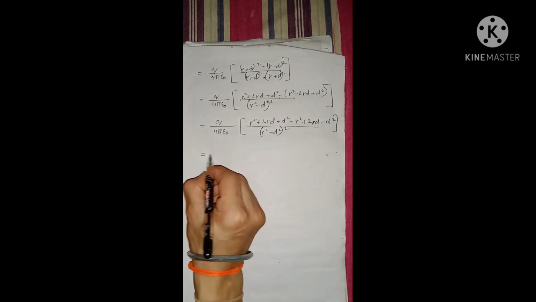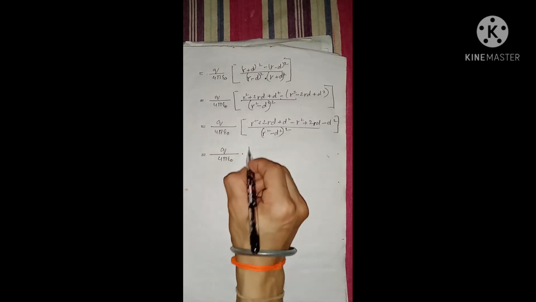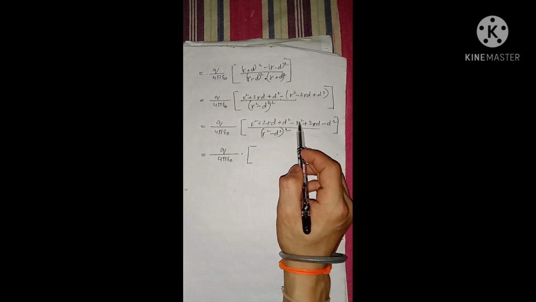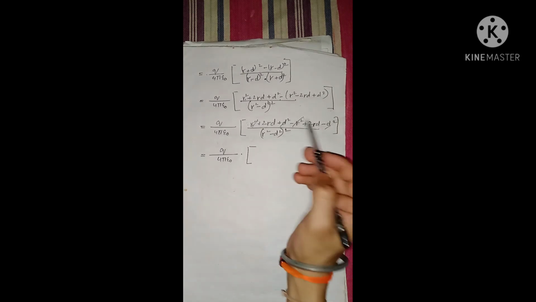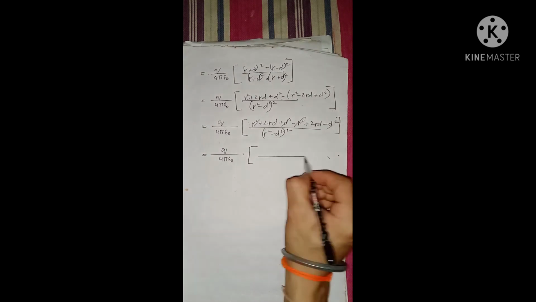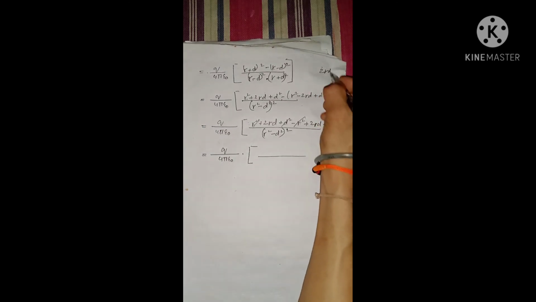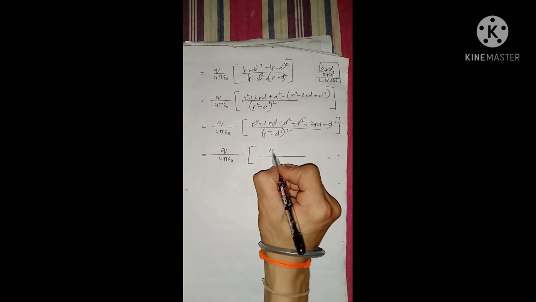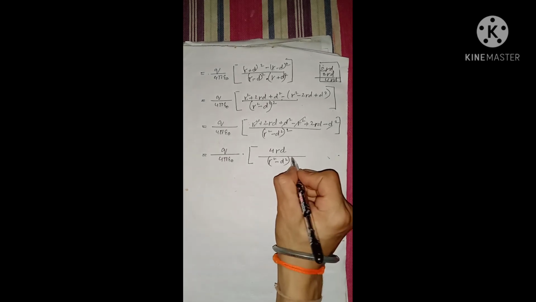Which can be written as Q by 4 pi epsilon naught into, now R square and minus R square are cancelled, and here minus D square and plus D square are also cancelled. So instead of this we can write plus twice RD and plus twice RD. Twice RD plus twice RD will be equal to what? 4RD, isn't it? This one is rough work. So it will be here 4RD by R square minus D square whole square.